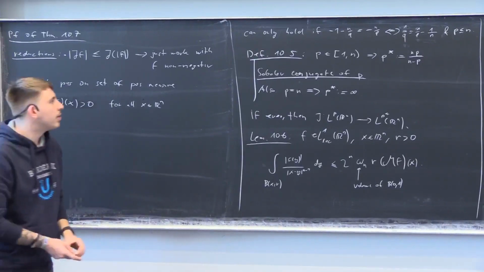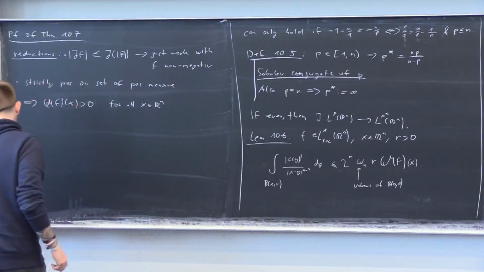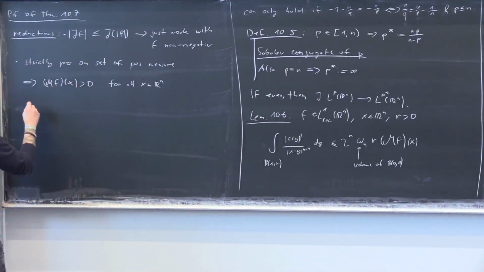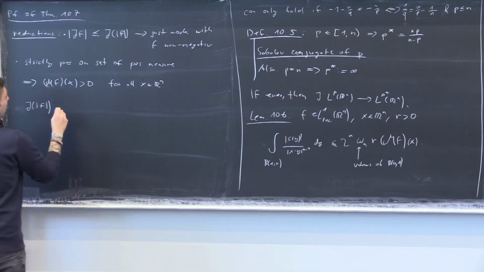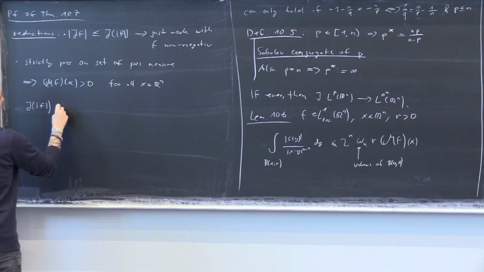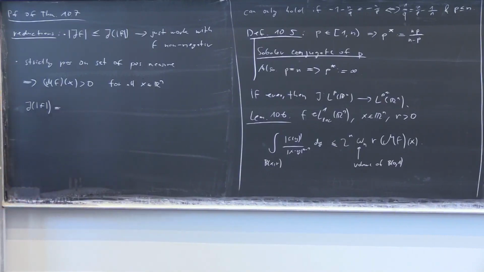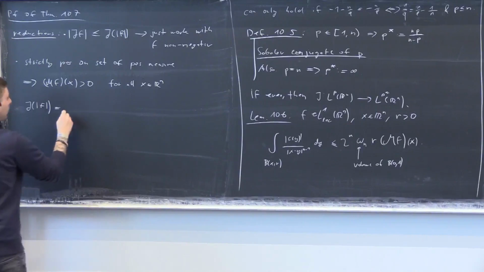Okay, so with these preparations, maybe I just write like this, I always estimate J applied to the absolute value of f. And what I want to do first is split it into these diagonal and off-diagonal parts.